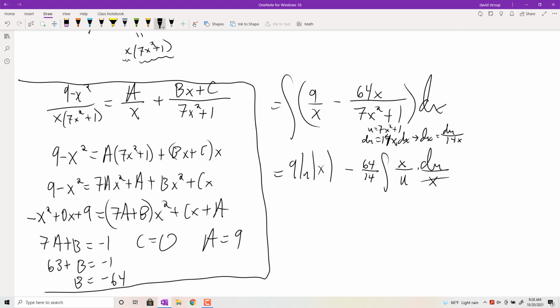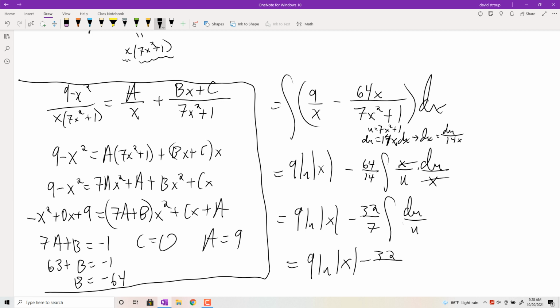Okay. The x's cancel. You get 9 ln absolute value of x minus 32 over 7 integral of du over u, which is a natural log. So 9 ln absolute value of x minus 32 sevenths ln absolute value of u. Let's back sub though. 7x squared plus 1 plus c.